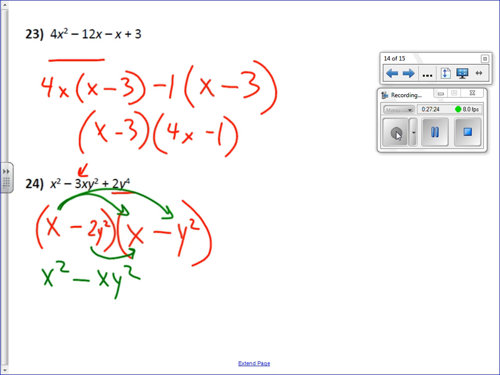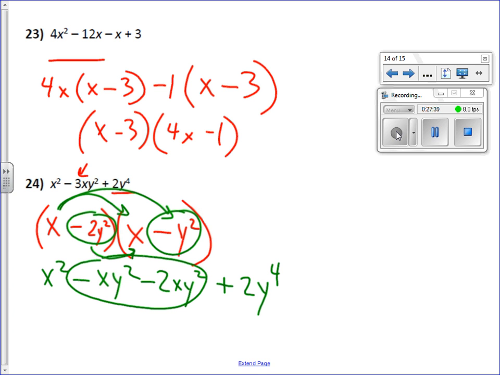From negative 2y squared times x, you get a negative 2xy squared, and then the last terms, when you multiply those together, you get your positive 2y to the fourth. And these two middle terms are like terms, and they become negative 3xy squared, like I wanted. So our answer is what is in red.